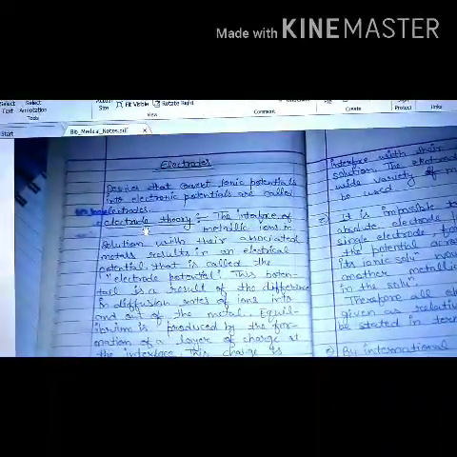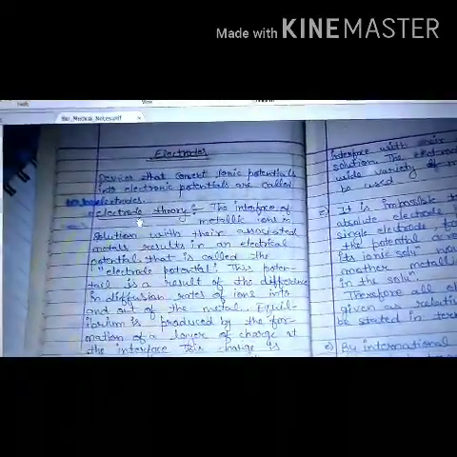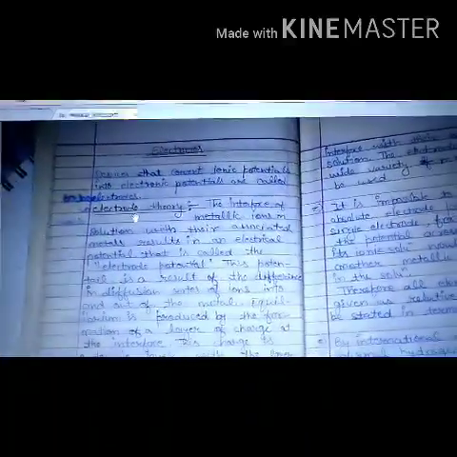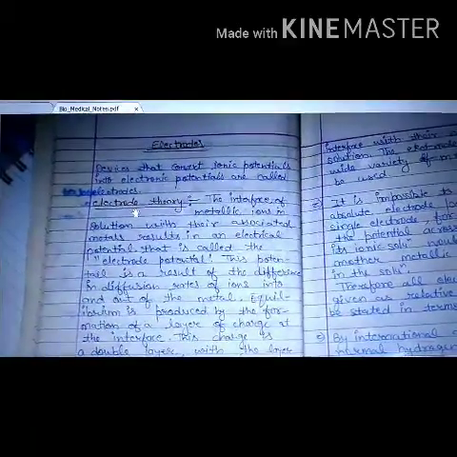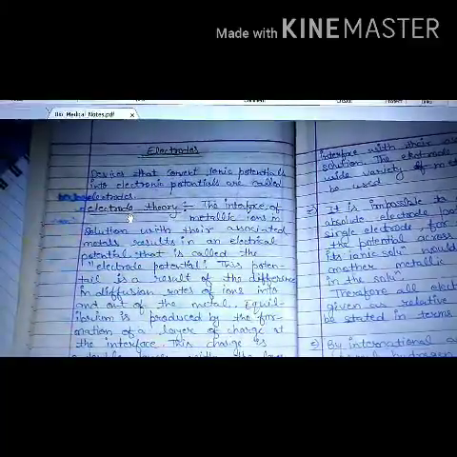So, electrode potential or electrode theory. The interface of metallic ions in solution with their associated metal results in electrical potential that is called electrode potential.